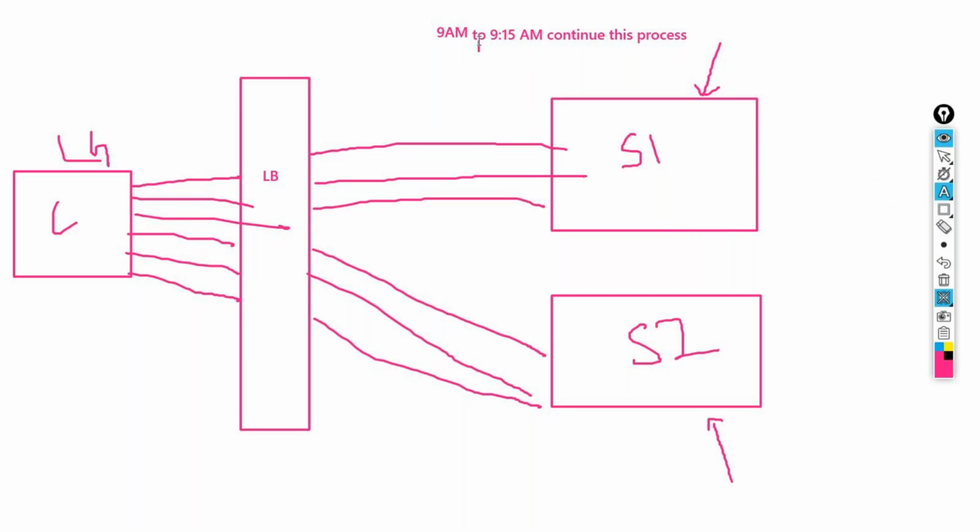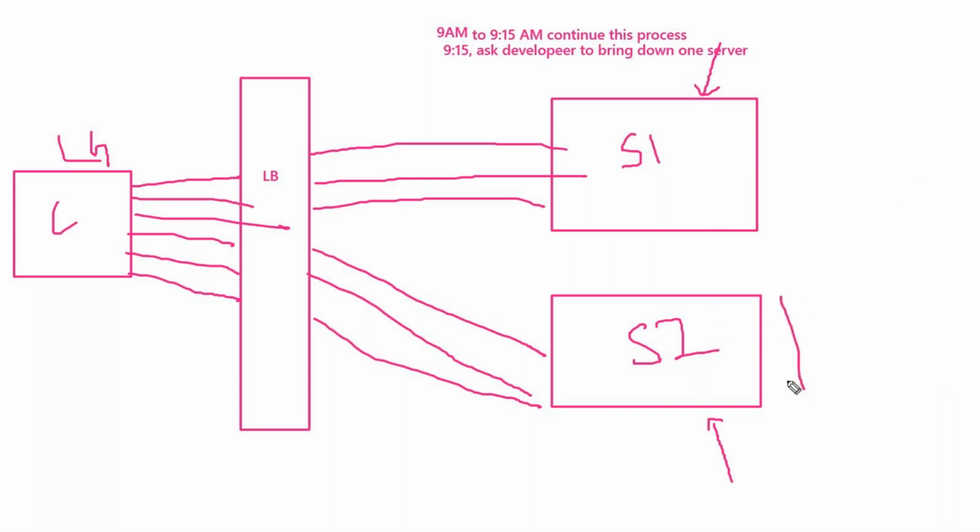At 9:15, you ask the developer to bring down one server. Let's say we ask the developer to bring down server 2, so this should be down.